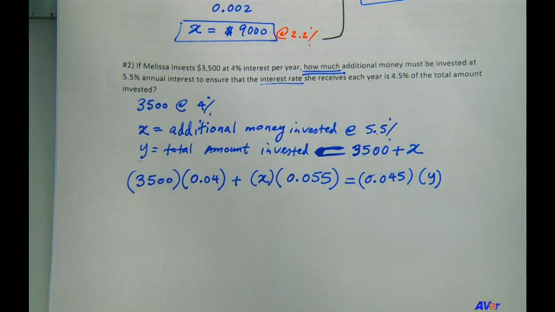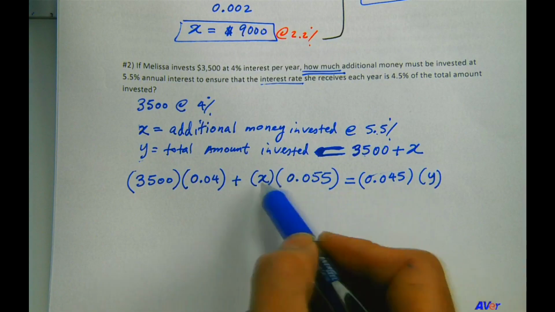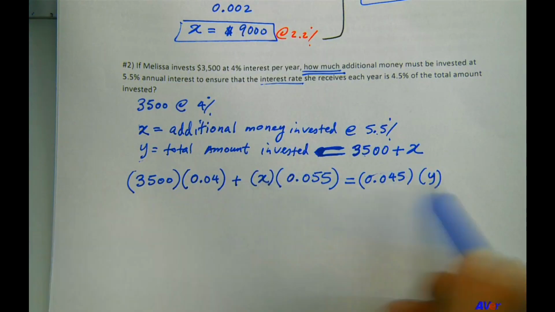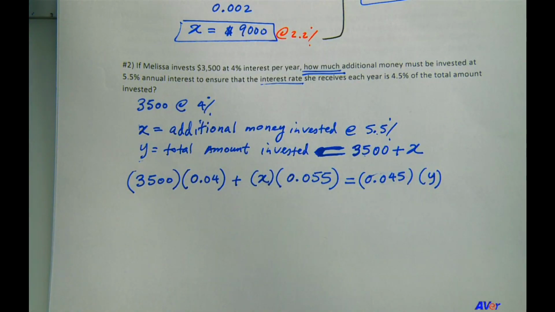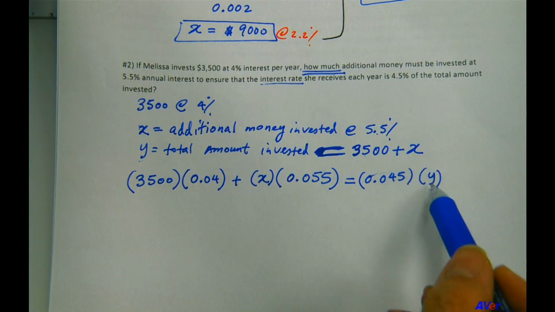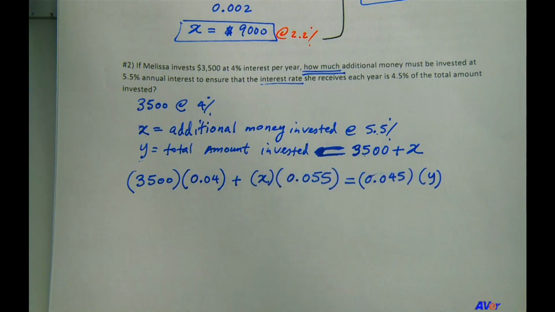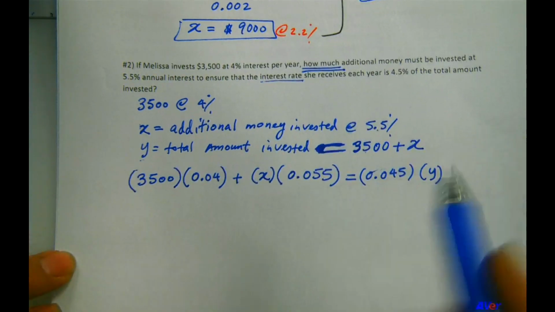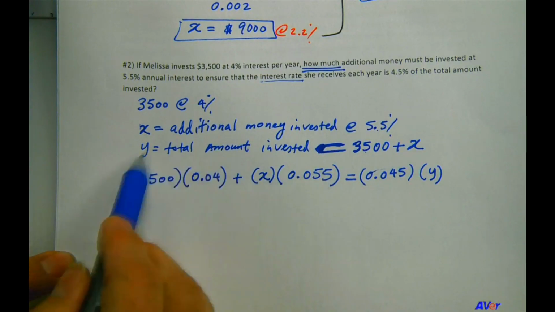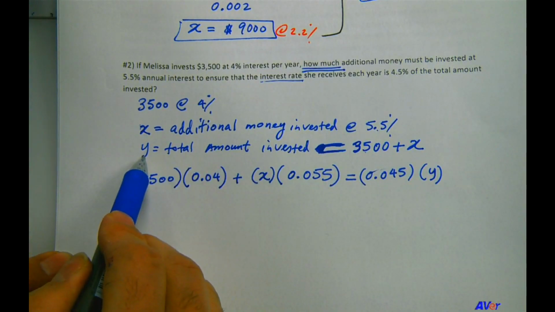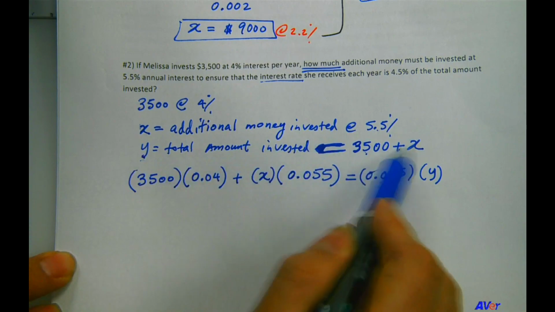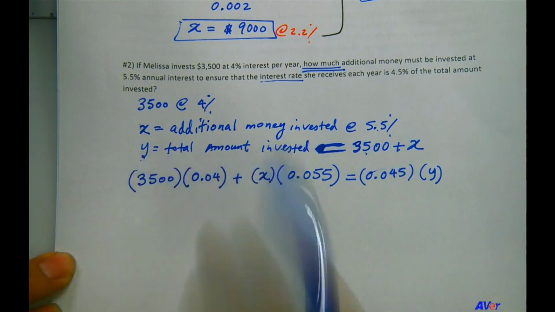Now we have 2 variables, X and Y, and 1 equation. We cannot solve this equation right now unless we can write one of these variables in terms of the other. Then we can solve the equation, because that'll be 1 equation, 1 unknown. So let's do that, because we know that Y is equal to $3,500 plus X, because Y represents the total amount invested.